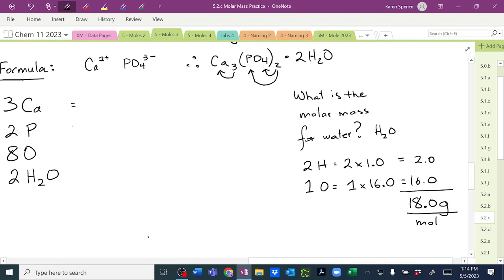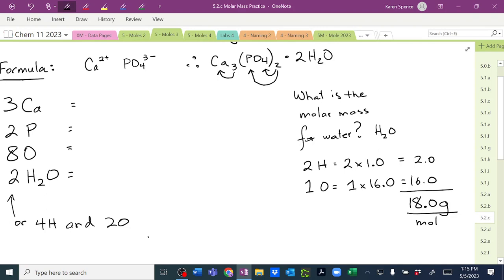If you like to do that, if you don't like to do that, you could put it down as, how many hydrogens would we have in that 2 water? 4 hydrogens, and how many oxygens? 2 oxygens. So it's up to you. You can do them separately. You could put the oxygens together with your other 8 and have 10 oxygens. Okay, it's totally up to you which method you use.